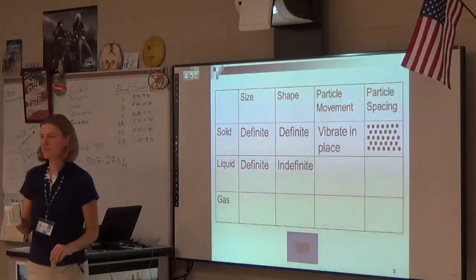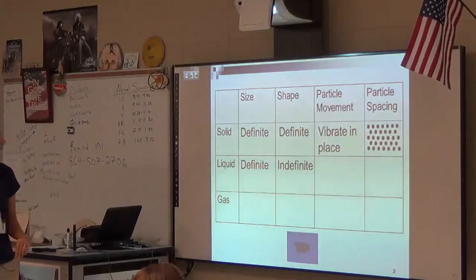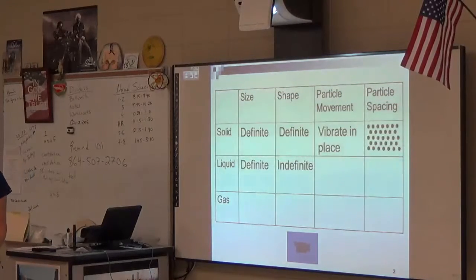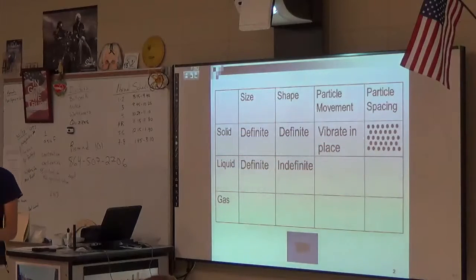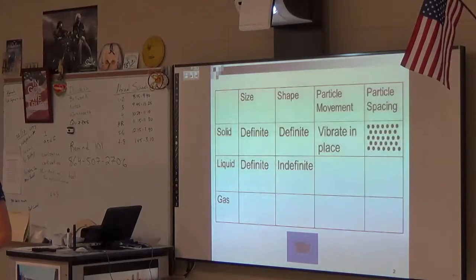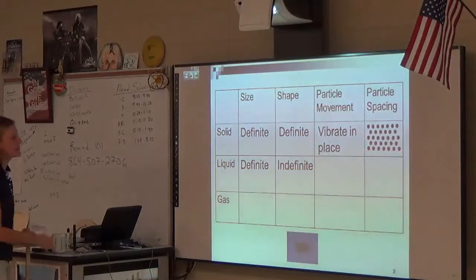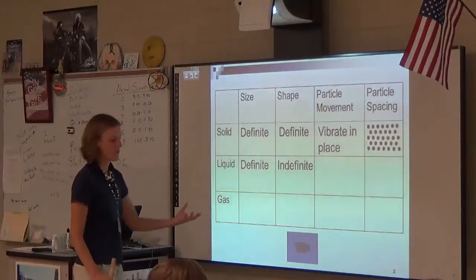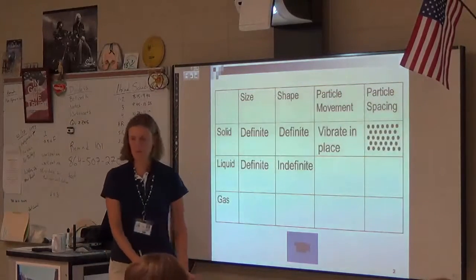If I have 50 milliliters of water and I pour that on the floor, do I have more or less than 50 milliliters of water? Yeah, the same. I realize there might be a drop left behind in the cup, but there's still 50 milliliters of water represented, whether on the floor or in my cup. But the shape is certainly not definite, because if I pour that water on the floor, now it's puddle shaped.